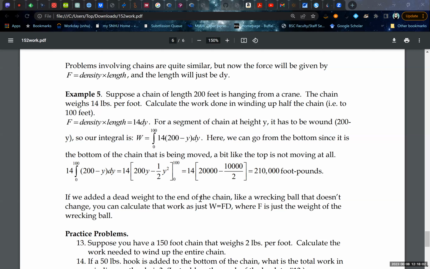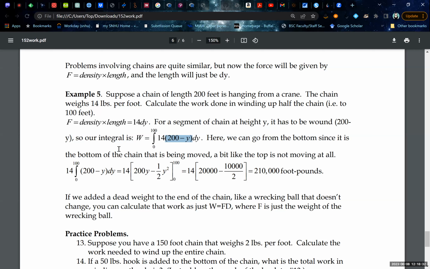Now, if you are in scenarios where you are, say, only pulling the chain up halfway, the part that differs is this portion of the problem. How much is that weight changing? The force density times length component still basically is the same. It's the distance traveled that you have to worry about.